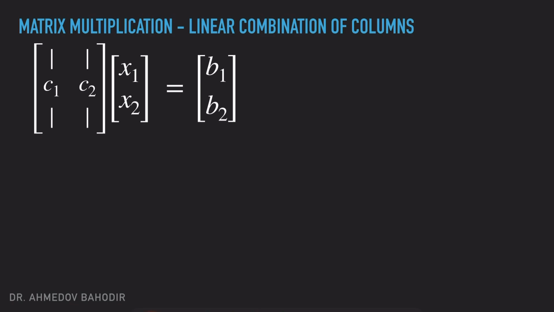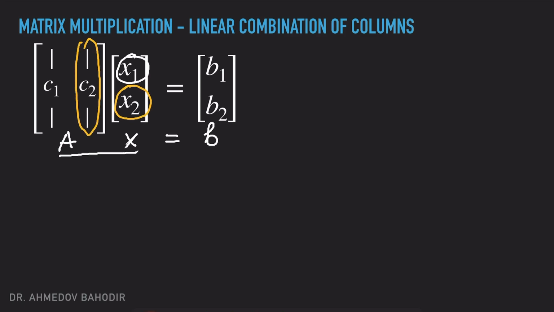Again, if you've got a matrix A multiplied by the vector X, and this is equal to B, we can look at this matrix multiplication AX as a linear combination of the columns of this matrix A. Essentially, the first column of the matrix A is going to be multiplied by the first element of this vector, and the second column of the matrix A is going to be multiplied by the second element of this vector.